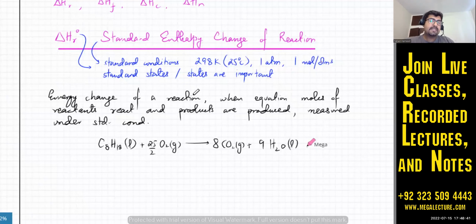They're asking specifically for the moles that are given in the equation. They'll ask questions like that, but just remember what enthalpy change of reaction means: you have to calculate the enthalpy change for the moles that are given in the equation. You have to stick to it. You can't just use any quantity, right? Is that clear?